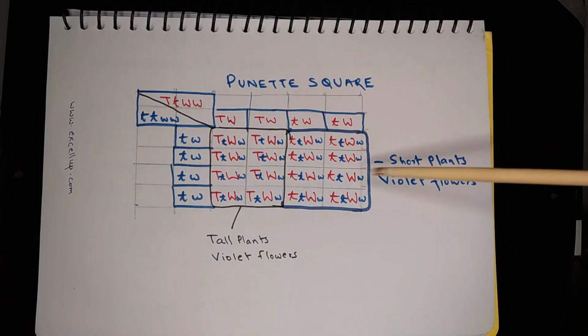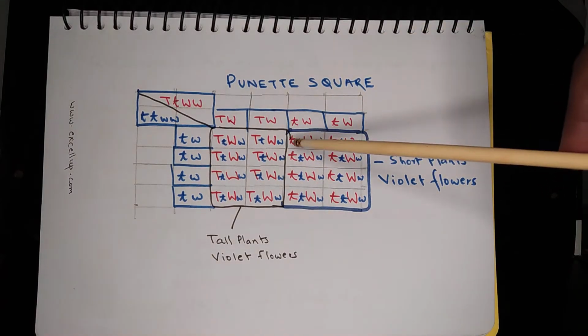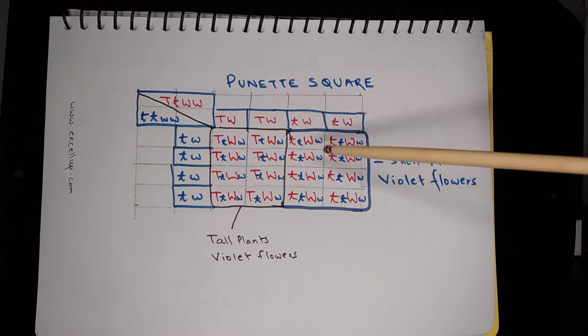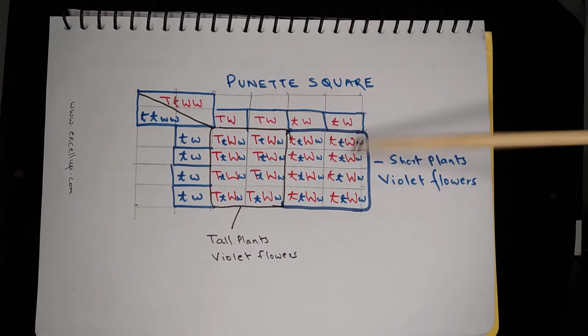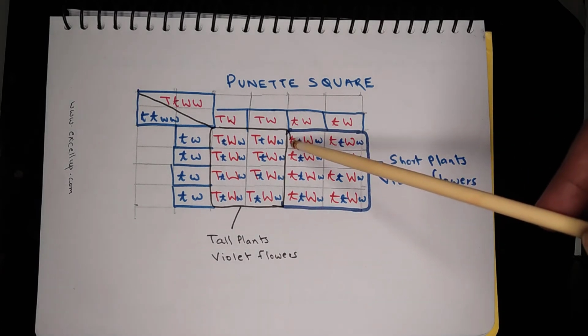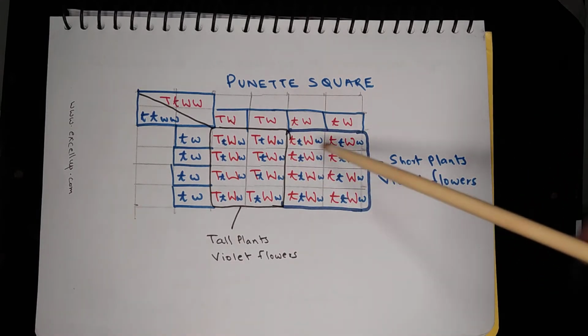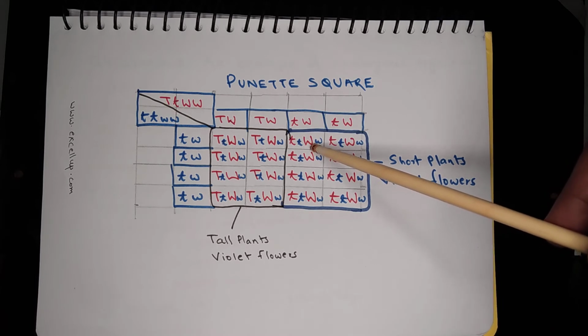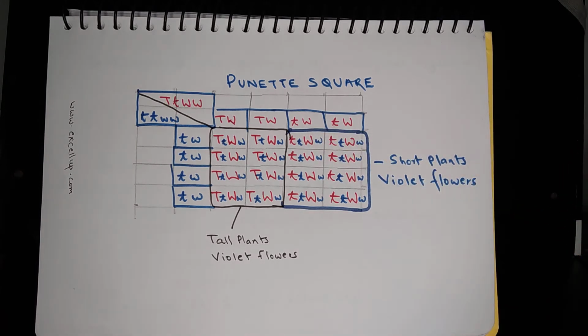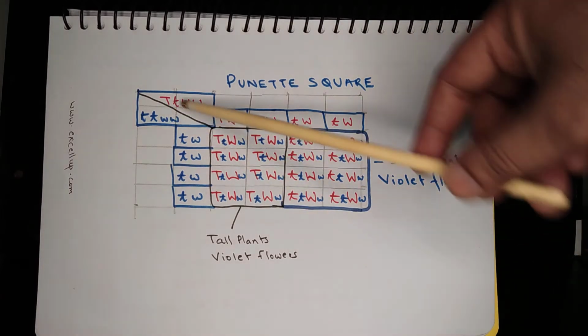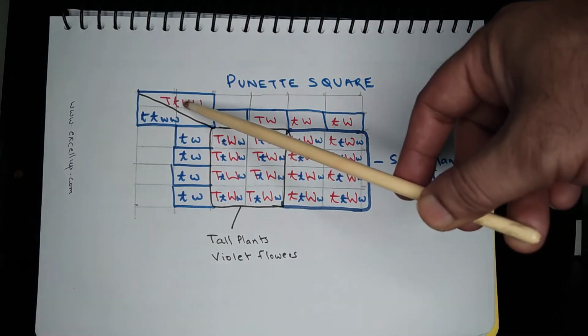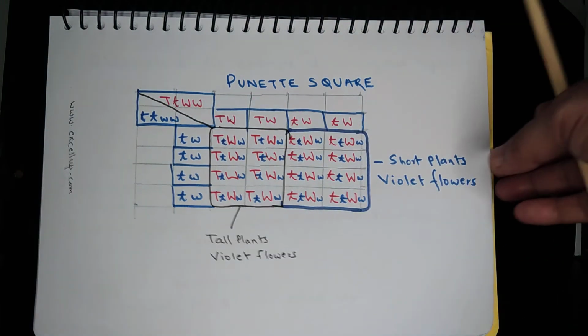In this case, the genotype is small t, capital W and small w for all of them. So they will be short plants, and since violet color is dominant, they will bear violet flowers. The question says that 50% of the plants are tall and the rest 50% are short, and all of them bore violet flowers, and that is why the correct answer will be option C, that is capital T, small t, capital W and capital W.